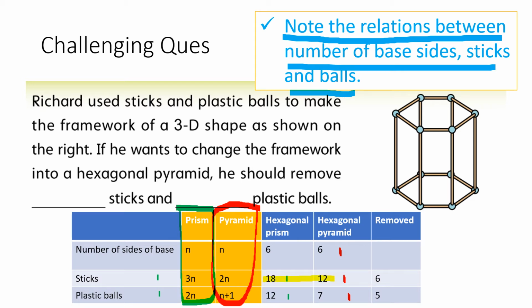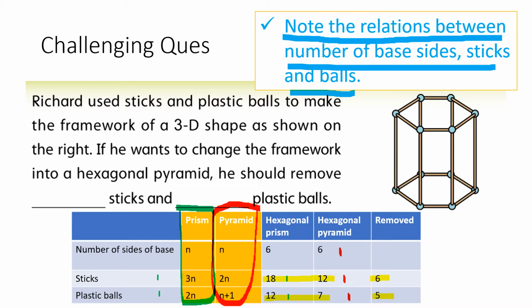So that means we have to remove 6 sticks. For plastic balls, originally we need 12 to make the hexagonal prism. And for the hexagonal pyramid, we only need 7 plastic balls. So that means we have to remove 5 plastic balls.